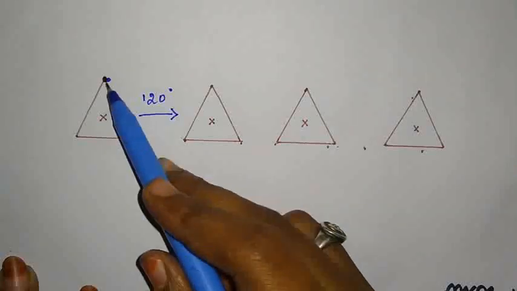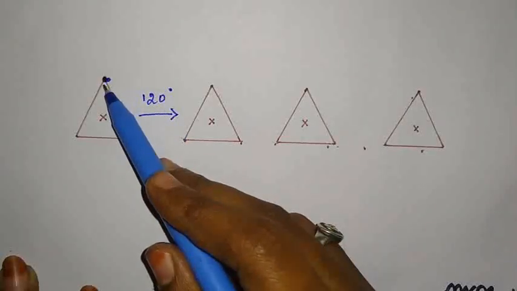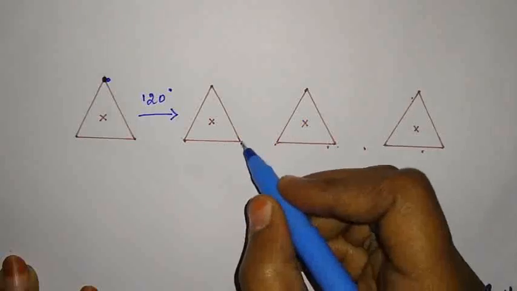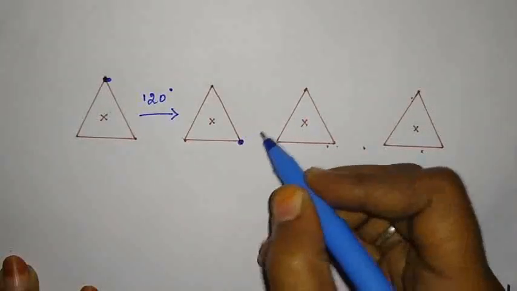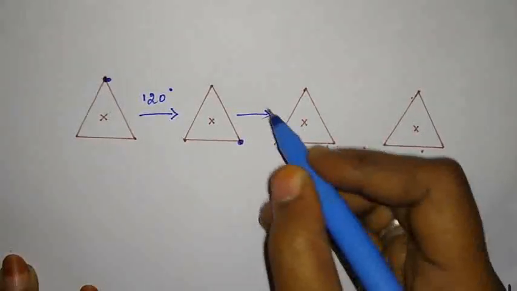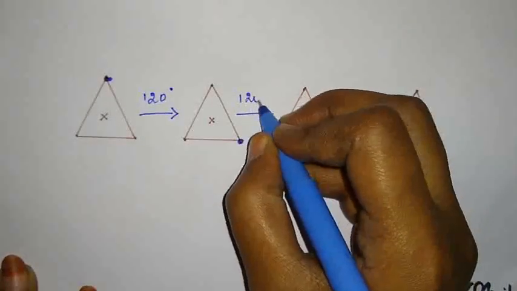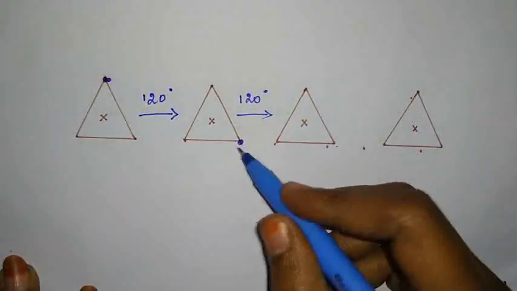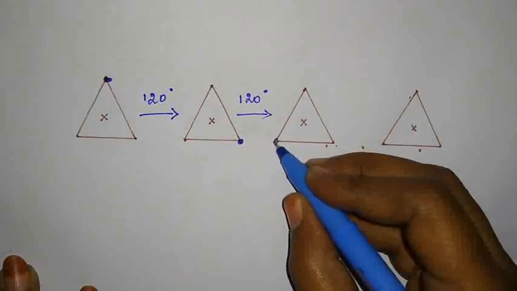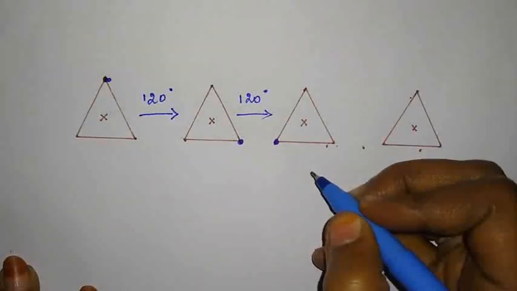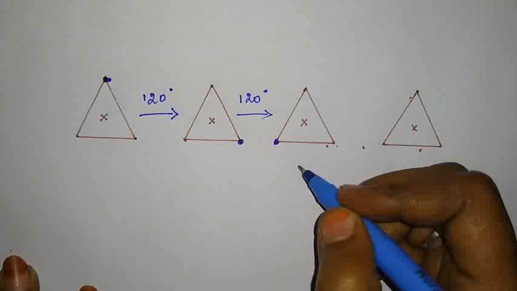120 degrees clockwise. So this point comes here. Again we have to rotate 120 degrees. This point moves this side. Here we rotate it clockwise.